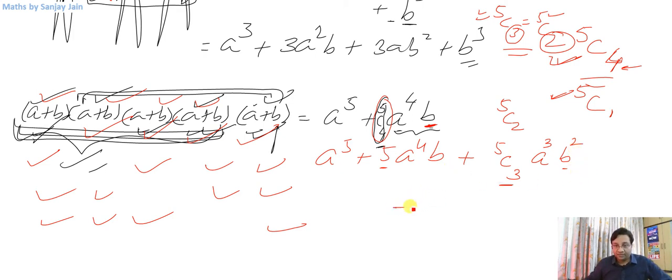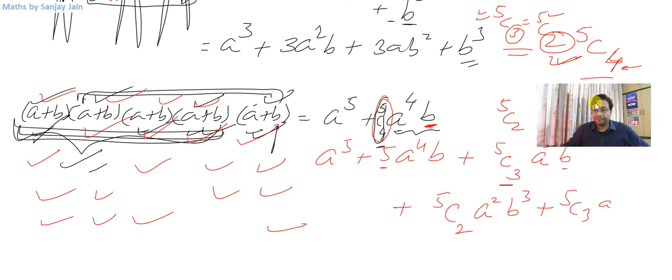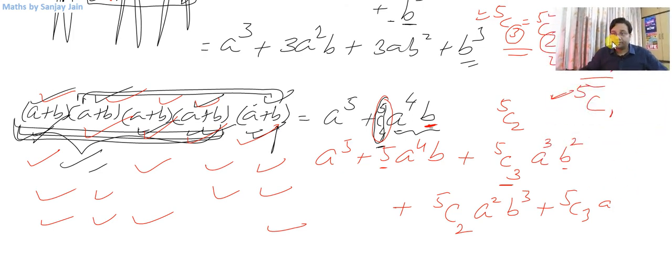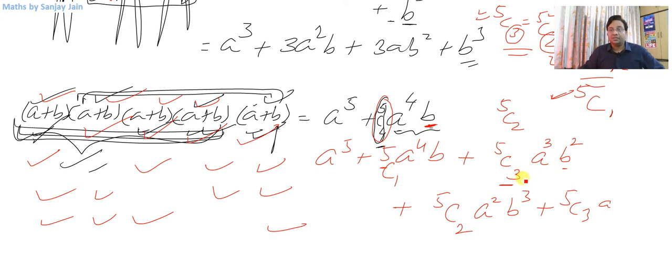So obviously the next term will come when I take 5c2 a squared b cubed, 5c3 a. What was this? This was 5c1, this was 5c3.